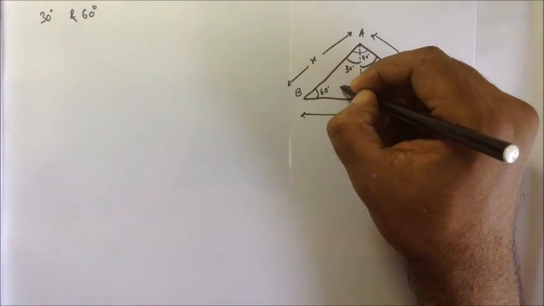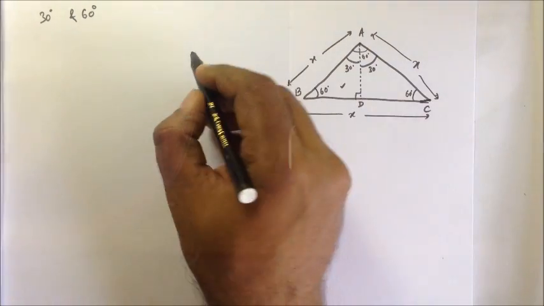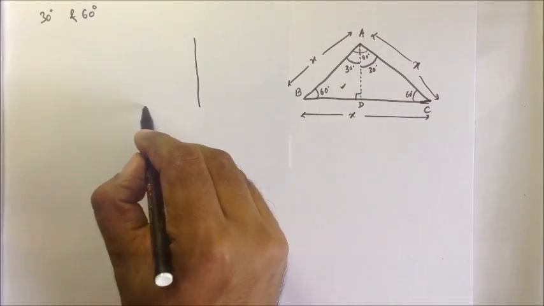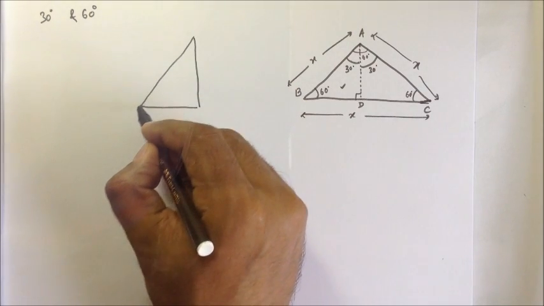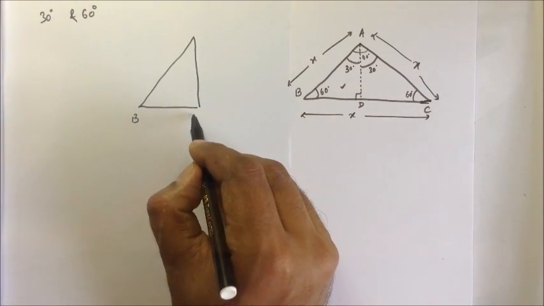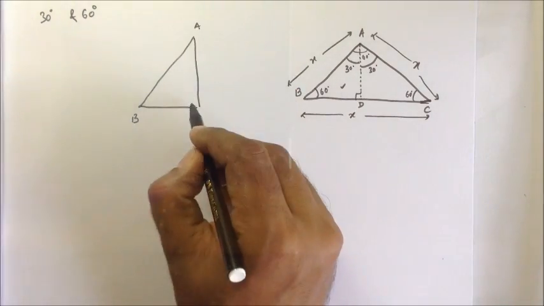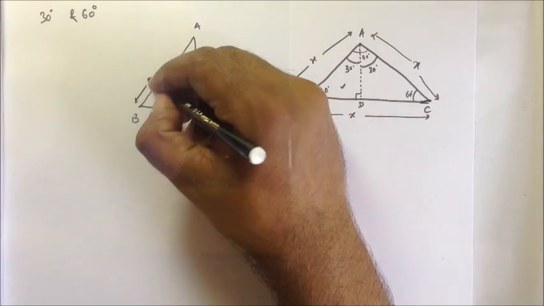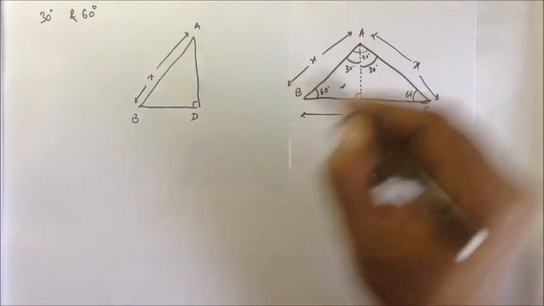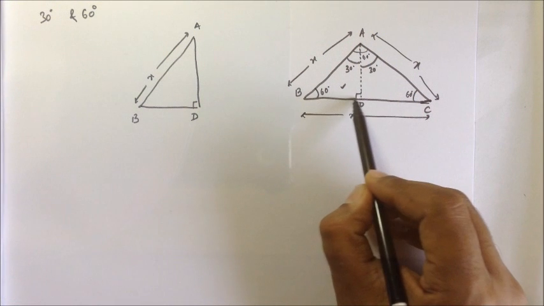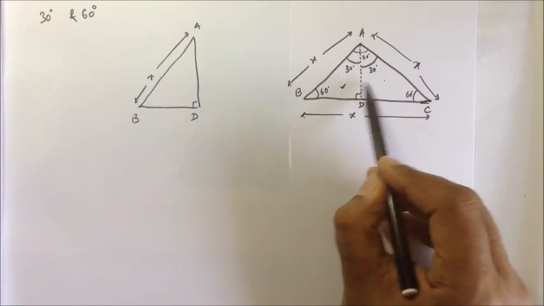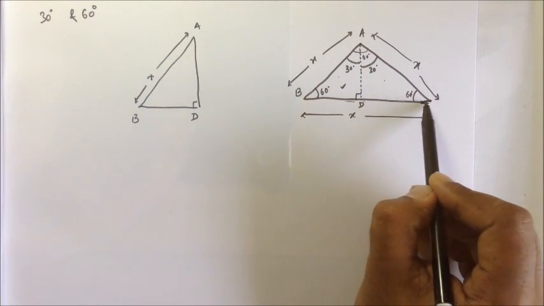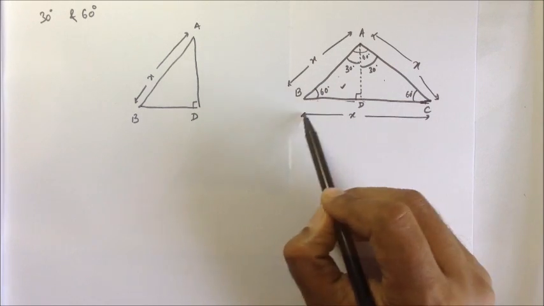So if I pick the triangle ADB, this is B, this is D, and this is A, this is 90. I know that this is x because I've put this as x, and since these two triangles were congruent, the length of BD and DC would be equal, so BD would be half of x.